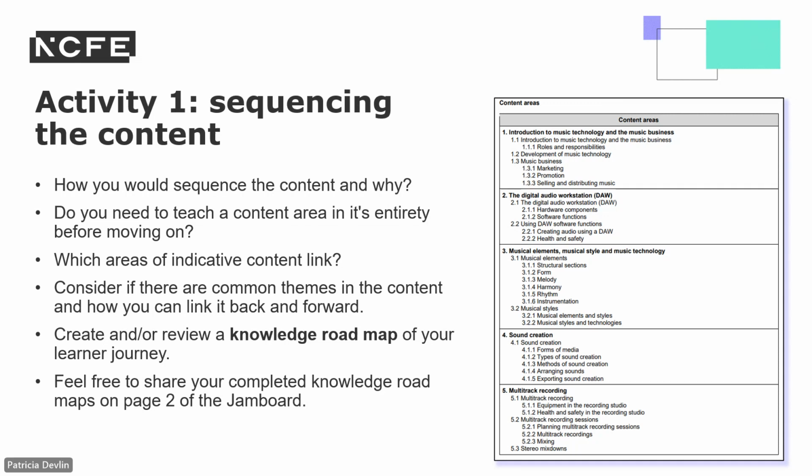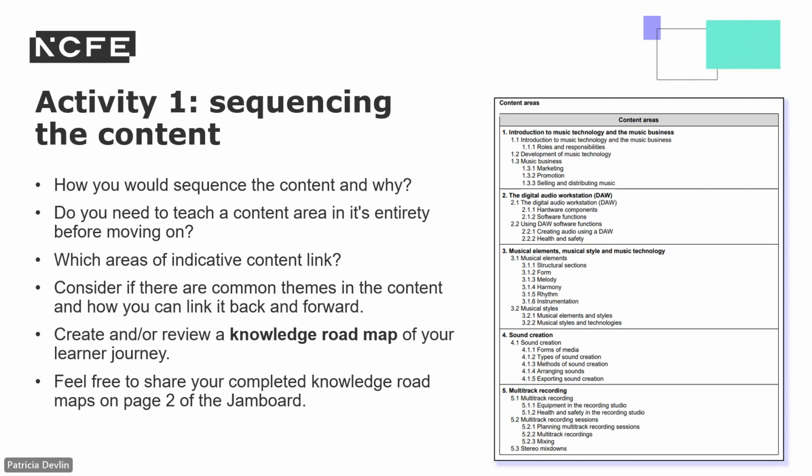So we're going to start with activity 1. So let's get our thinking hats on. For this activity, I'd like you to think about how you would sequence the content and why. So consider if you need to teach a content area in its entirety before moving on. Which content links? Are there any common themes?